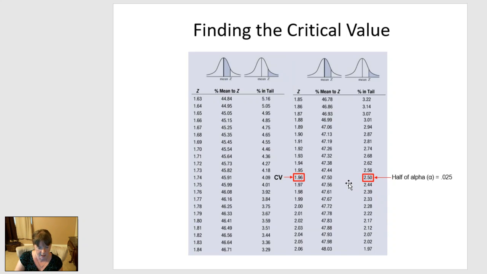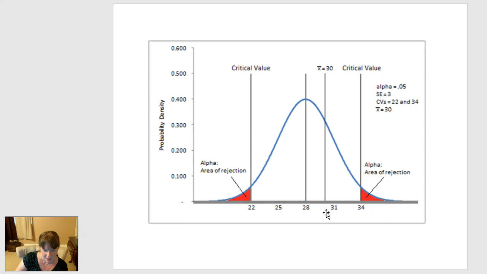And then I look over here, and the z that would cut off 2.5% is 1.96, darn close to 2, because that's about 2 standard errors away.